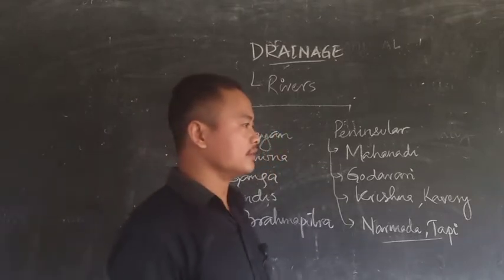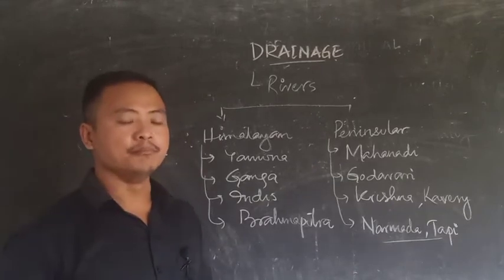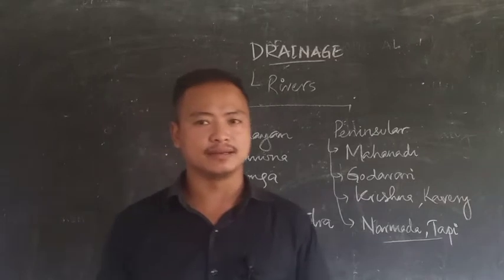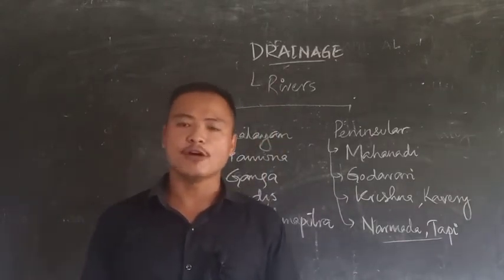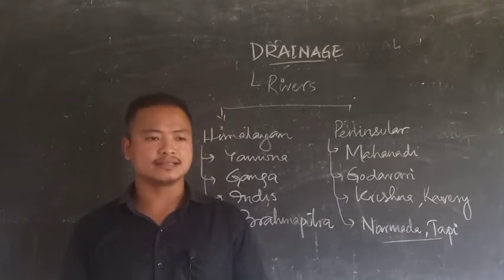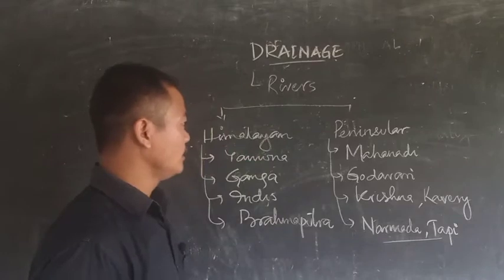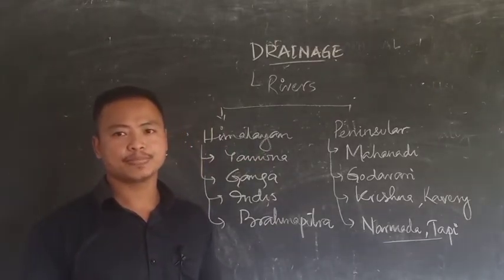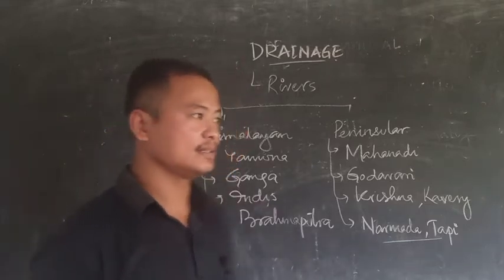Now, these Himalayan rivers were formed much earlier than the formation of the Himalayan complex mountain system. Since they were formed much earlier than the Himalayas, during their course, whatever came their way, they eroded and made their own path.